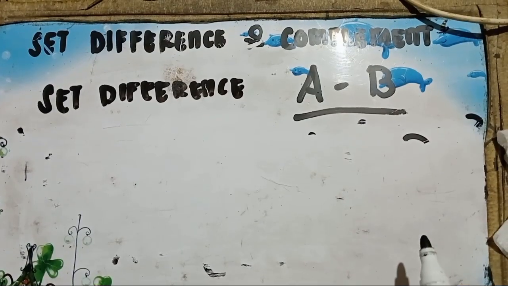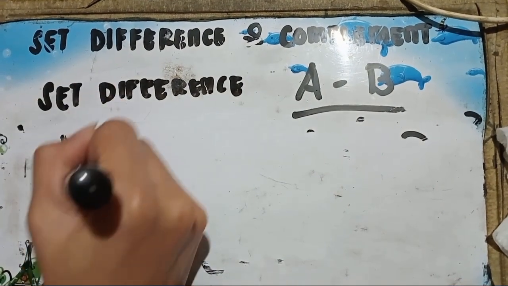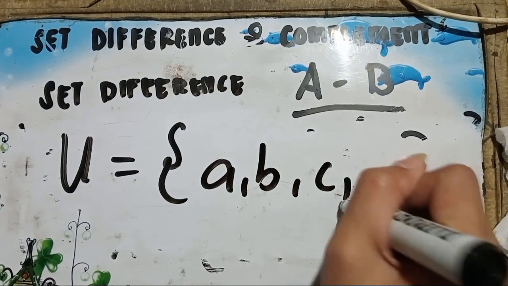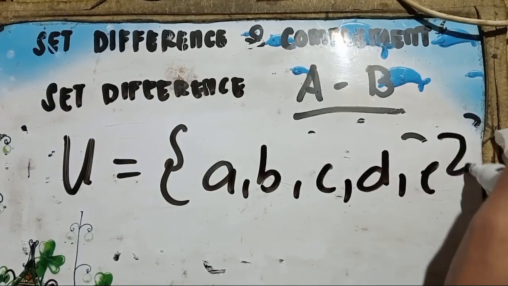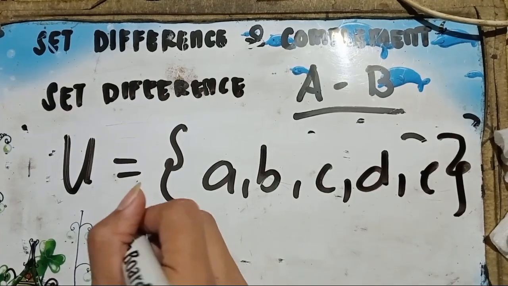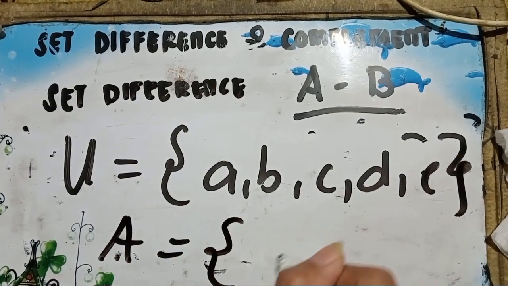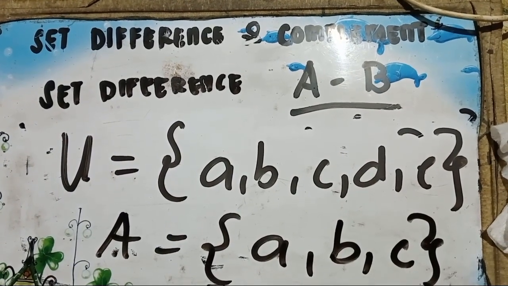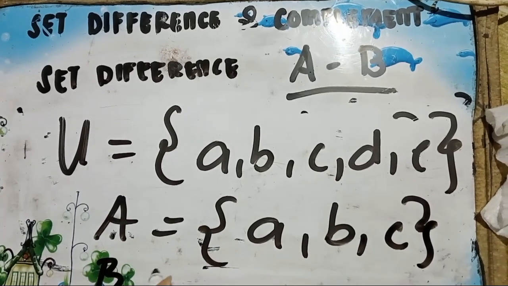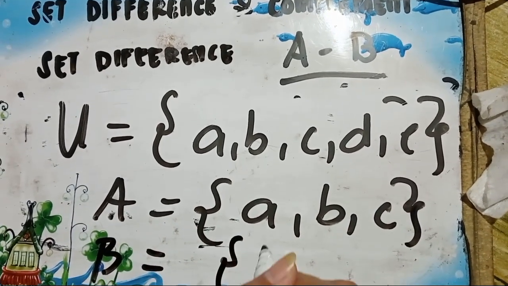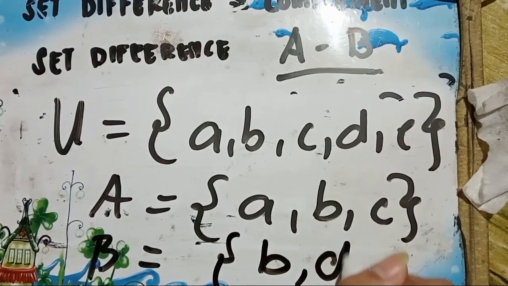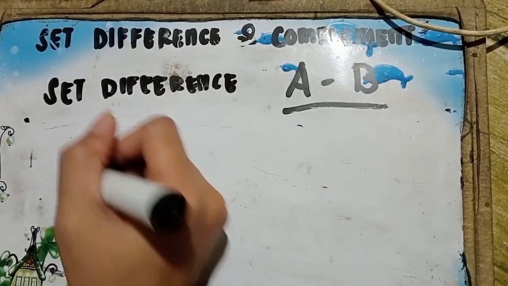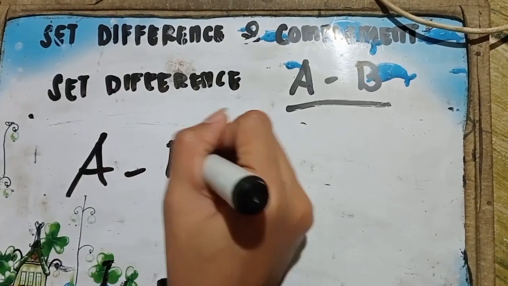So let's try another example. If U is A, B, C, D, and E, and our set A is A, B, and C, and our set B is B and D, what is A minus B?